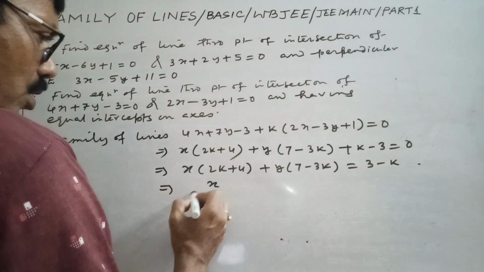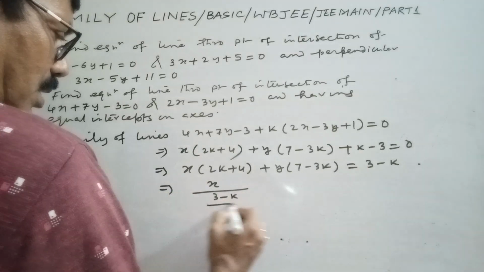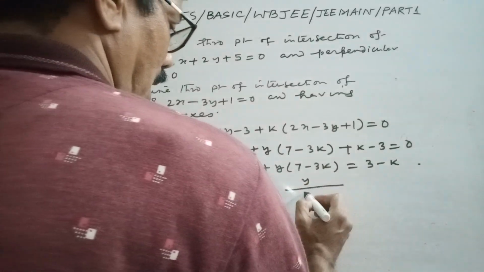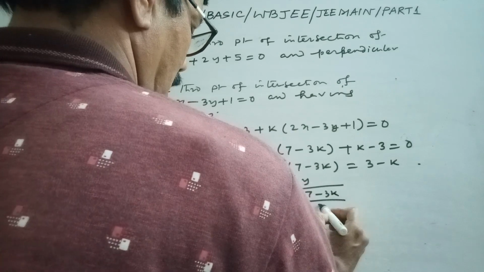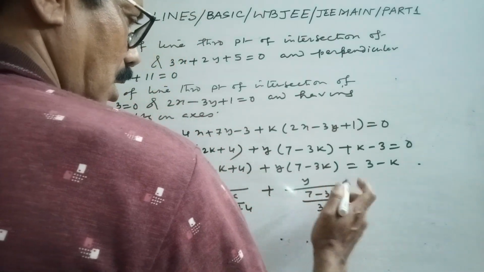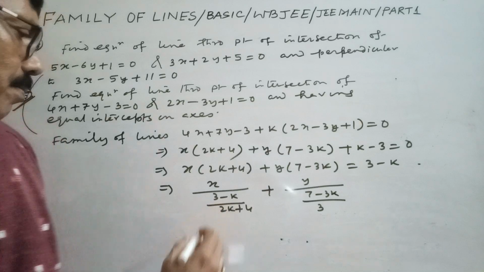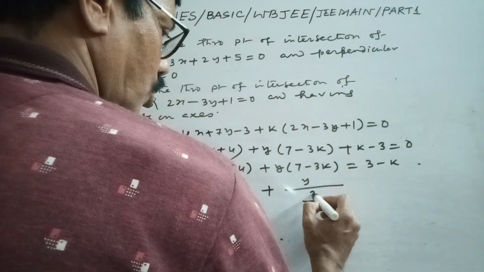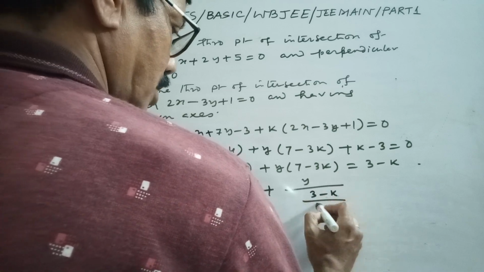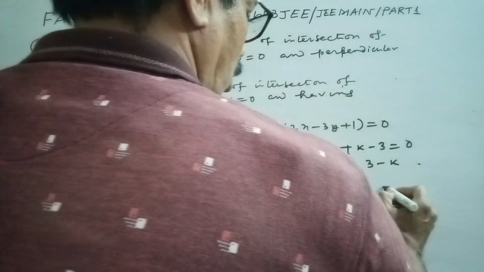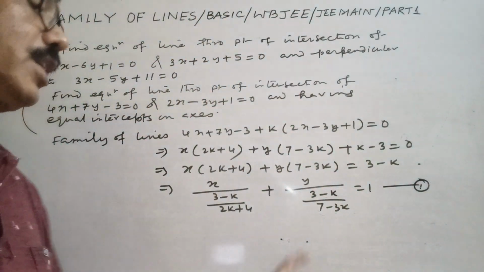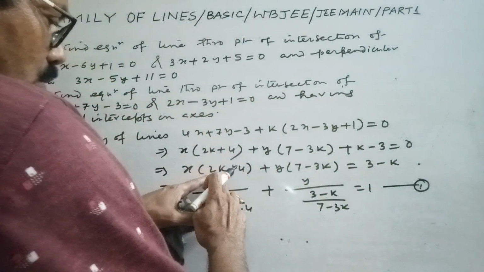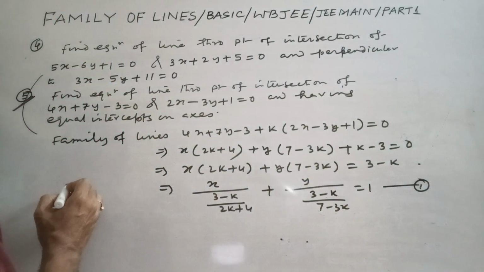So in intercept form, this is x by (3 minus k by 2k plus 4), y by (3 minus k by 7 minus 3k) equals 1. Omitting one step. So the right hand side must be 1. So divide throughout by 3 minus k.